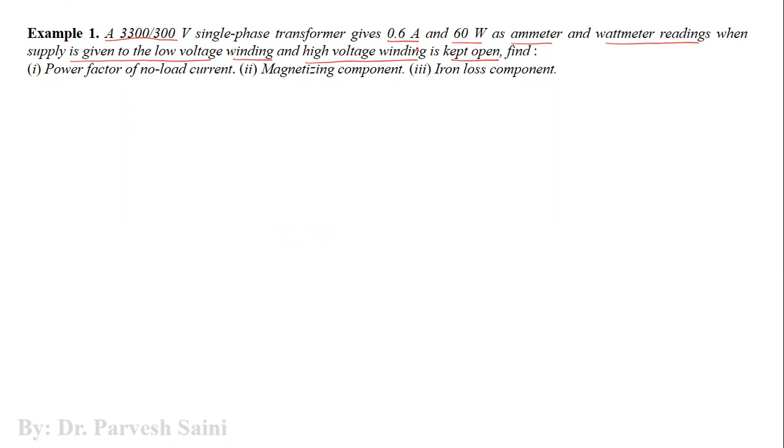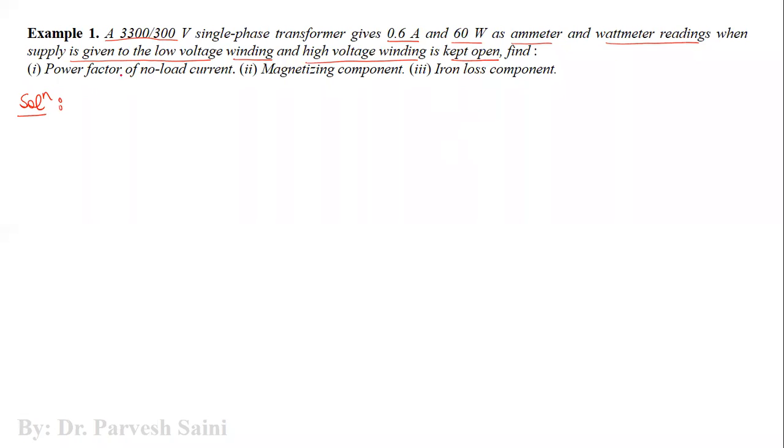So this is a transformer in which the reading of the ammeter is 0.6 ampere. Let us try to solve this particular numerical, right?